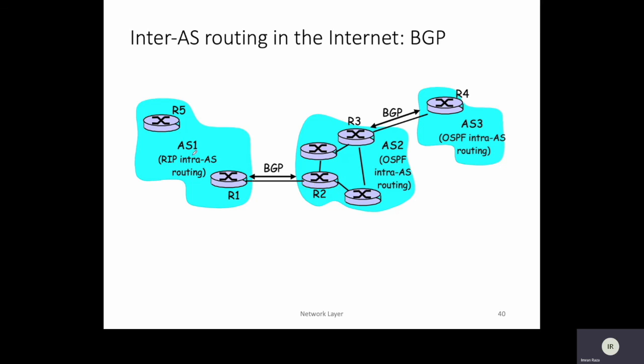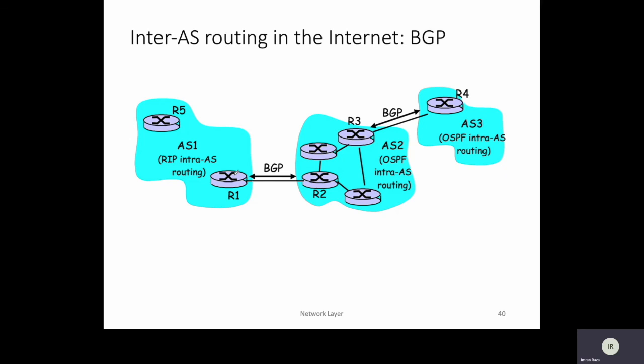Right, so what happens in these autonomous systems using BGP is that BGP allows each subnet to advertise its existence to the rest of the internet. For example, a subnet here in the autonomous system will tell autonomous system 2 about its existence, and then it will be shared with autonomous system 3, and so on and so forth.